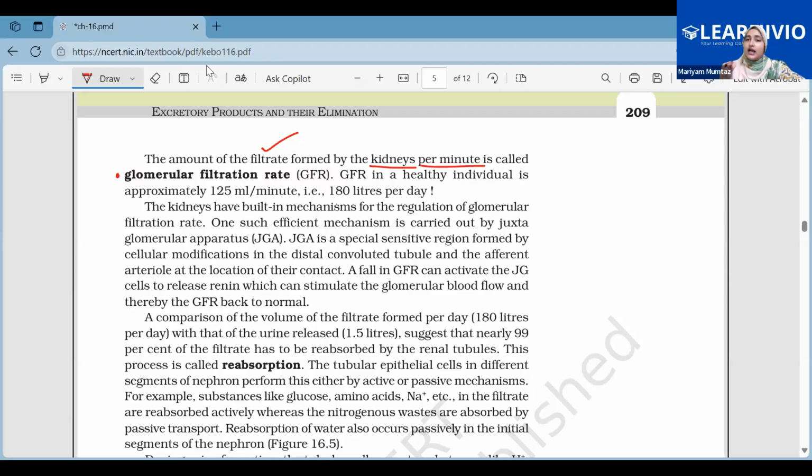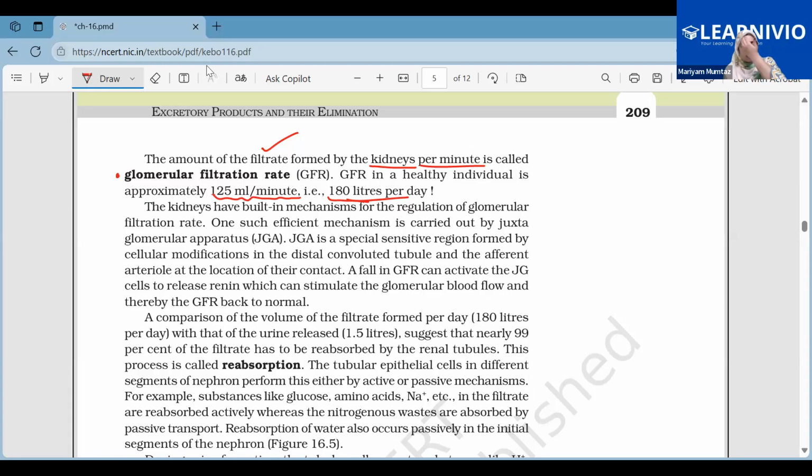In a healthy individual, it is 125 milliliters per minute, that is 180 liters every single day.